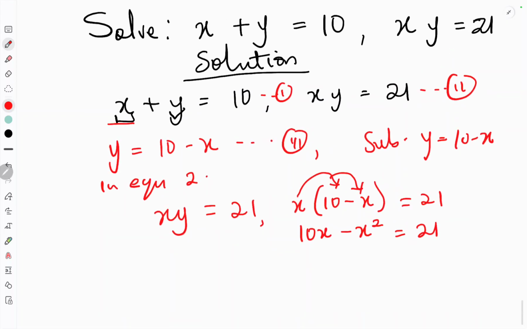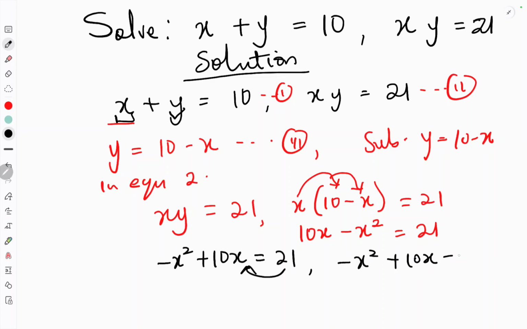Okay, so let's write it in a proper quadratic form. We can write it as minus x squared plus 10x is equal to 21. So we have to bring 21 over here by subtracting it from both sides. Minus x squared plus 10x minus 21 is 0.